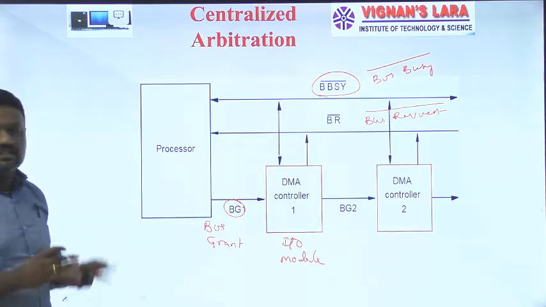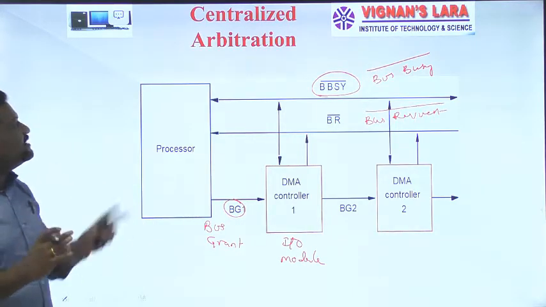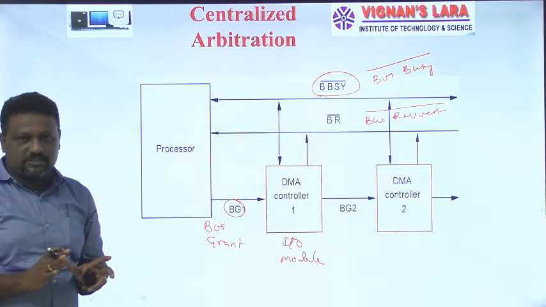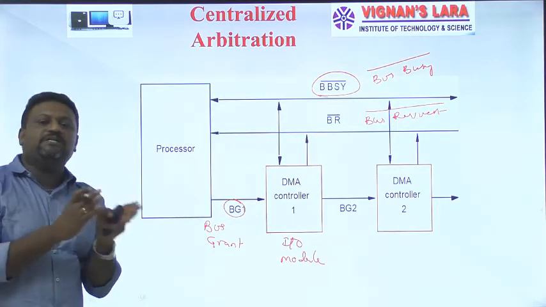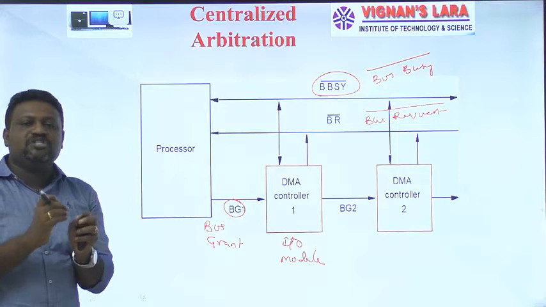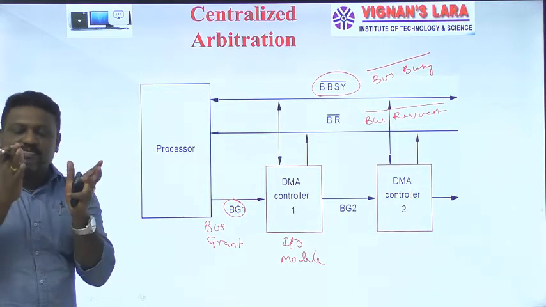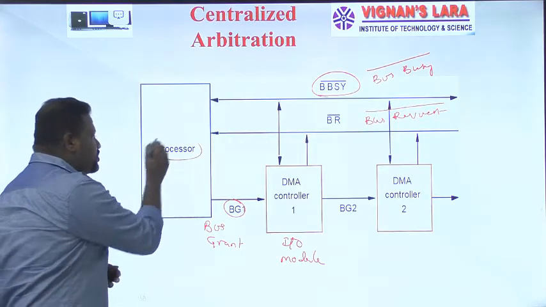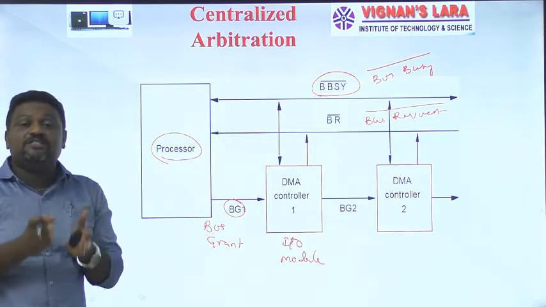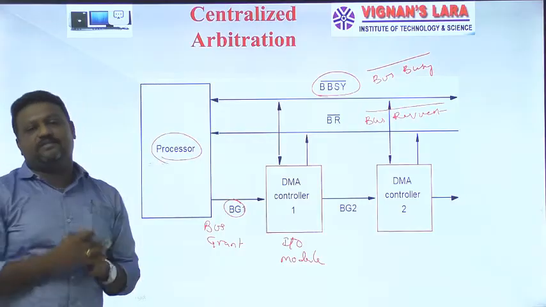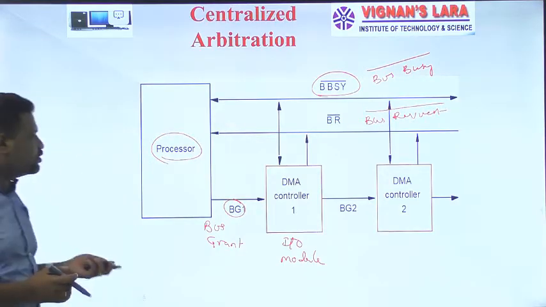So the process is like this. In centralized arbitration, a central arbiter or a single arbiter does the arbitration process, and that may be a processor or a specialized device which we incorporate in the system. Let's go to the previous slide.